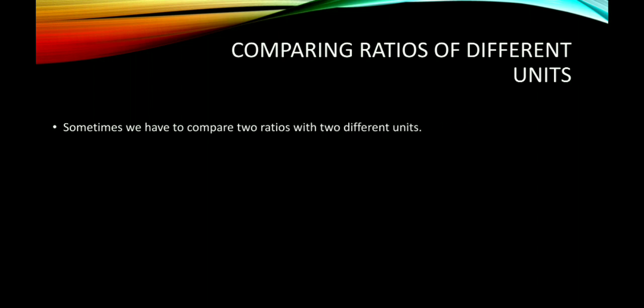Sometimes we have to compare two quantities with different units. For example, we can take 4 meter to 6 millimeter, 7 liter to 100 milliliter, etc. In this case, we have to follow some steps.